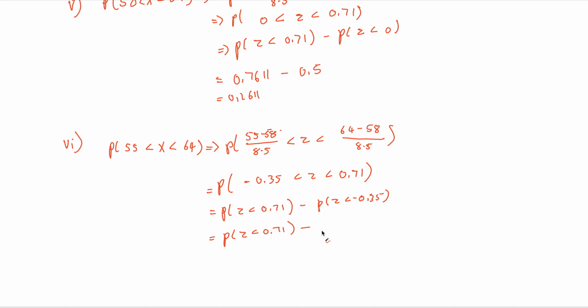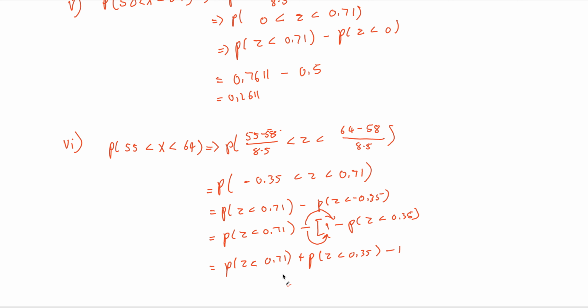So this will be, just put it in brackets, greater than. So we know it's going to be Z less than 0.35. And now we can just distribute that negative sign inside this bracket. So it will be P of Z less than 0.71 plus P of Z less than 0.35, and then minus 1.